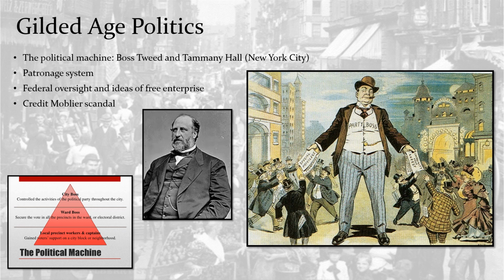So if it aided free enterprise, then the government would support it. If it didn't, then chances are the government would stay away. And that was really how Gilded Age politics worked.